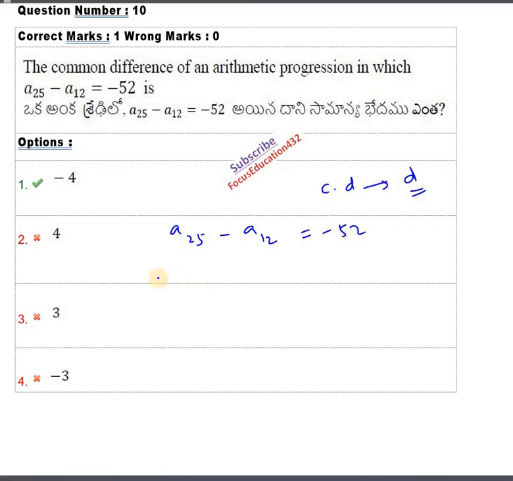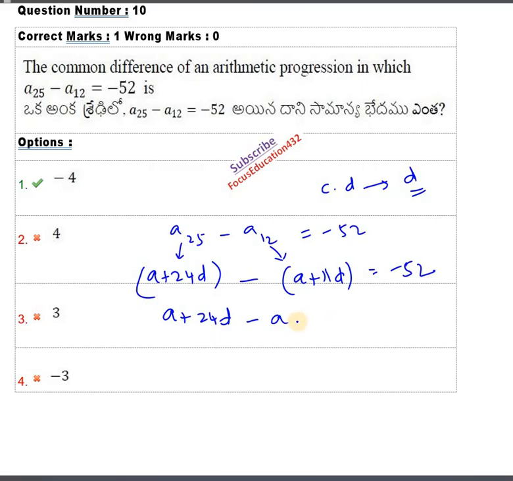A25 means what? A plus 24D. The 25th term is A plus 24D minus, what about the 12th term? 12th term is A plus 11D. This is equal to how much? Minus 52. Simply solve this one: A plus 24D, minus is outside, so minus into plus is minus A, minus into plus is minus 11D, is equal to minus 52.